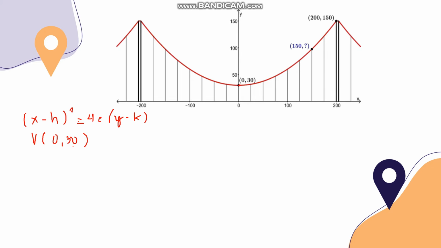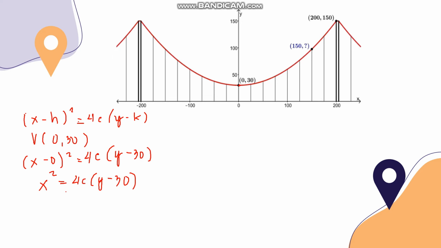All we have to do is substitute the vertex into our equation. So we have (x − 0)² = 4c(y − 30), so this one is x² = 4c(y − 30).